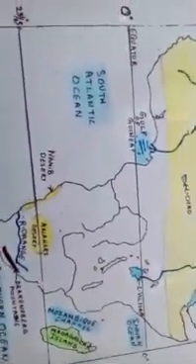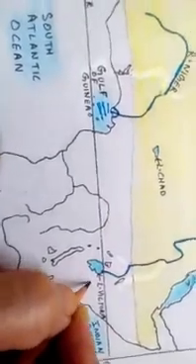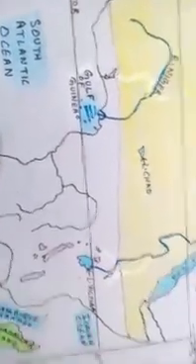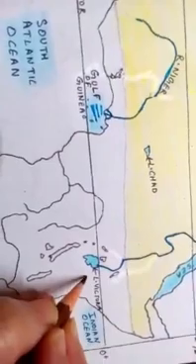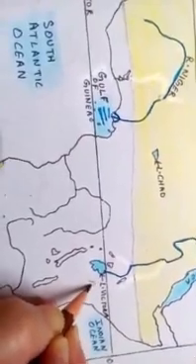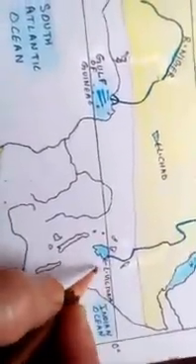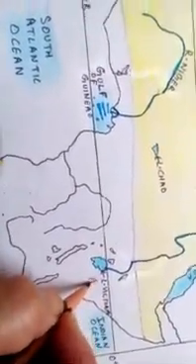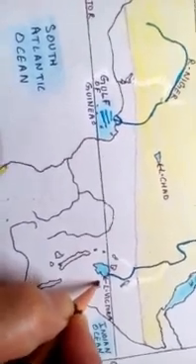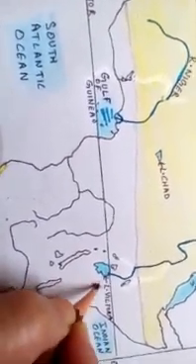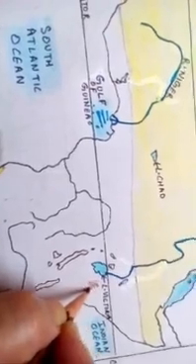Now we need to mark Mount Kilimanjaro, which lies in the high plateau of the south. It is near the equator. This is your equator line. It is very near the equator. Still, it's a snow-capped mountain, and we had already discussed the answer.